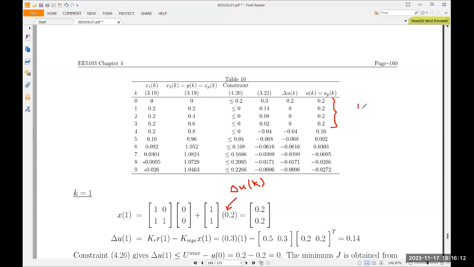U will always be less than or equal to 0.2. Okay, so no problem. So therefore, U will always be equal to UP. So what the plant receives will always be what the MPC calculated.